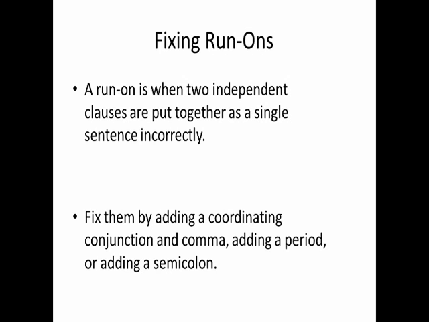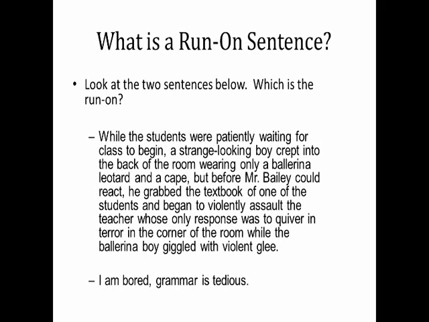It stands for F for, A for and, N for nor, B for but, O for or, Y for yet, and S for so. Let us go back to the following examples. So which of them is a run-on? Yep, that's right. It's the second sentence.